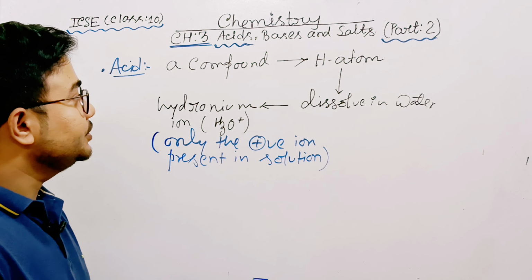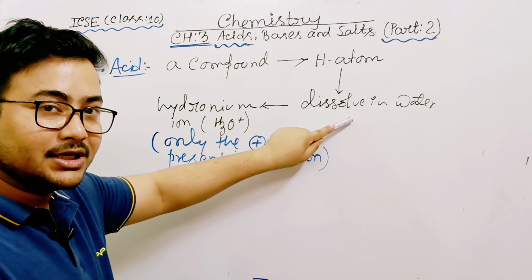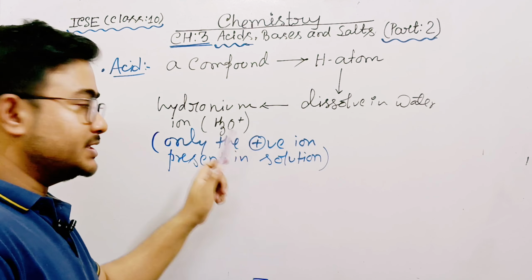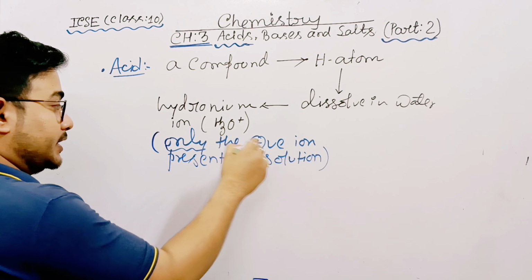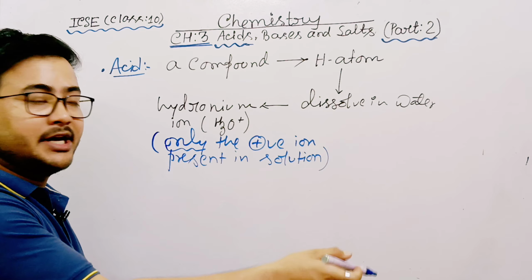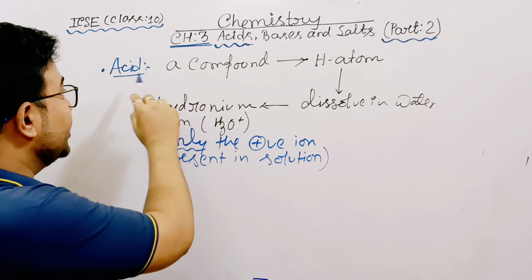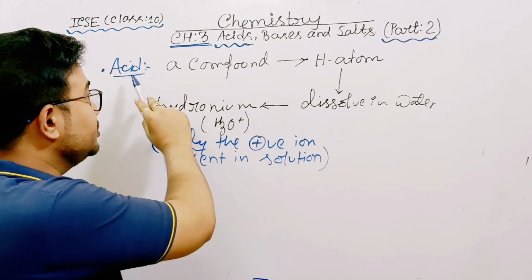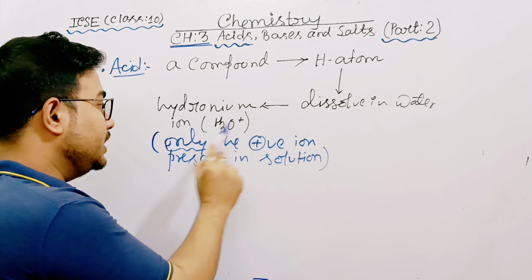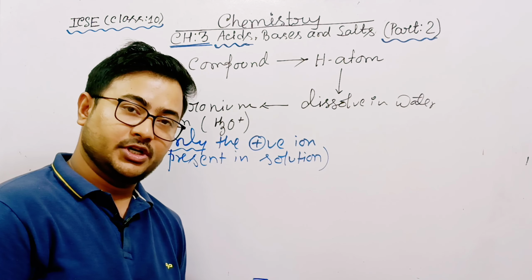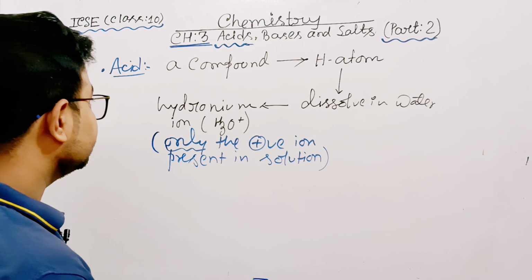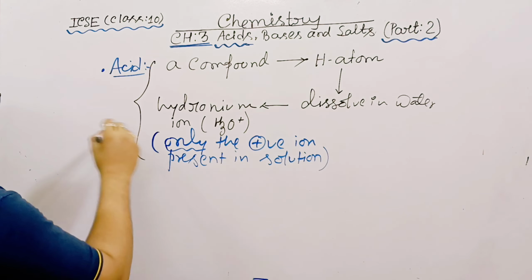That is, when you dissolve acid in water, it produces H3O+, and it is the only positive ion, no other positive ion is present in the solution. When you dissolve acid in water, only H3O+ will form. Do you understand? So our definition is done.